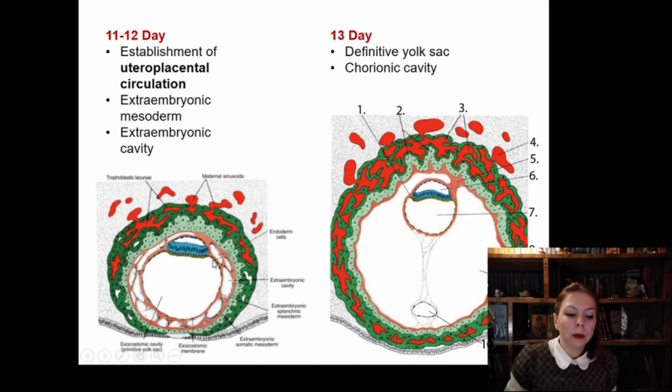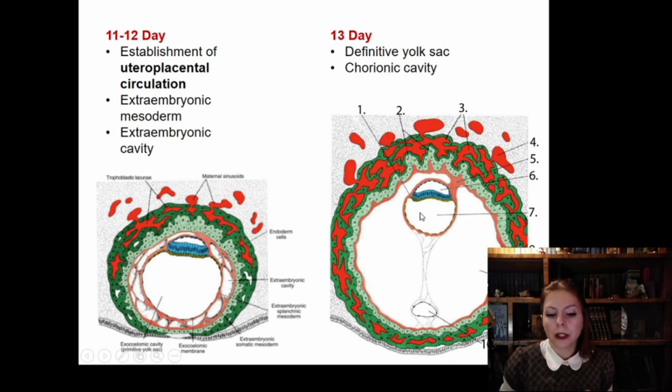Also, between the yolk sac and the chorion, the extraembryonic cavity appears, as well as the extraembryonic mesoderm, or the connective tissue put between the yolk sac wall and the chorion itself. Later on the 13th day, as you can see, the chorion cavity, or the extraembryonic cavity, the same, enlarges, and we can see that really the embryo is put inside a large cavity of the chorion.